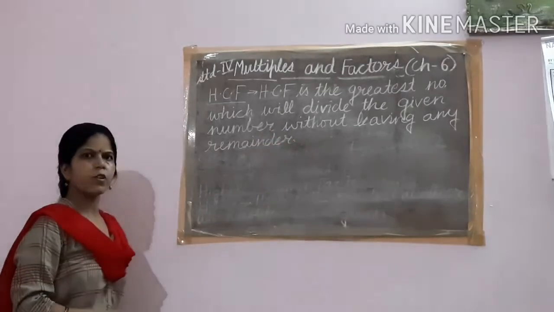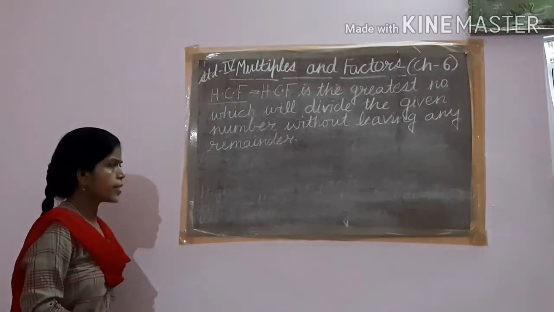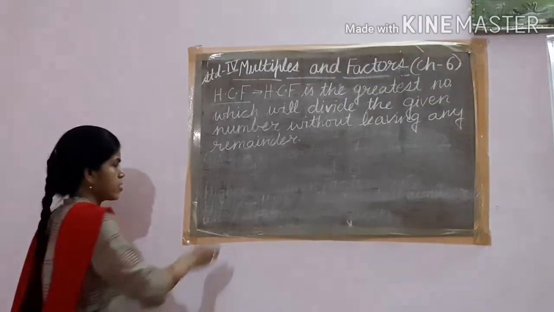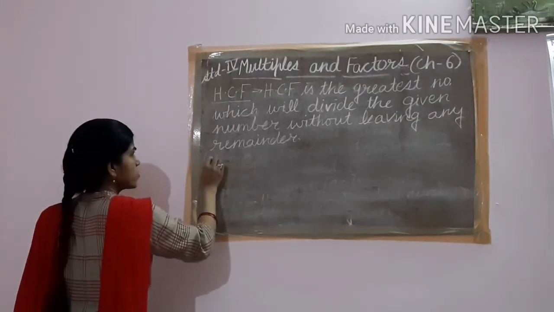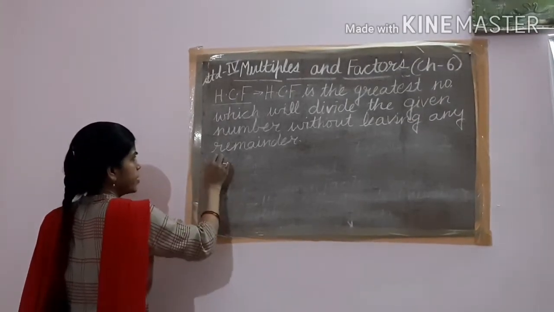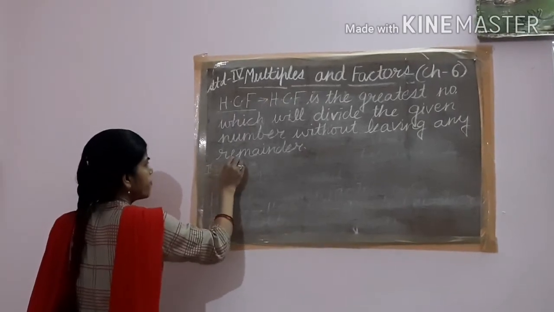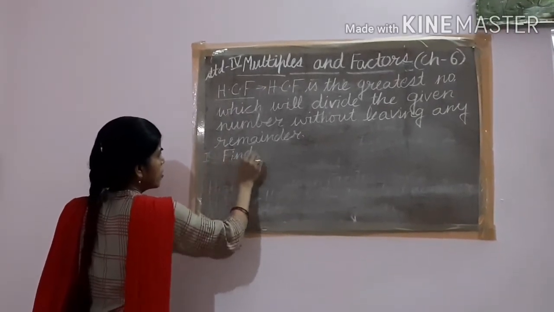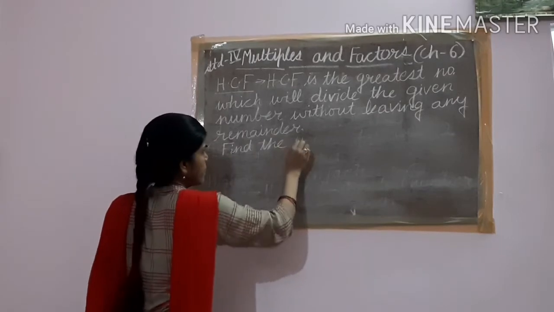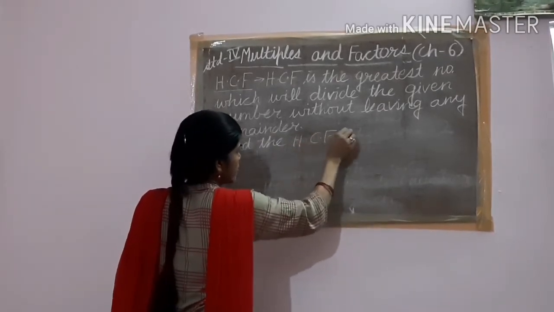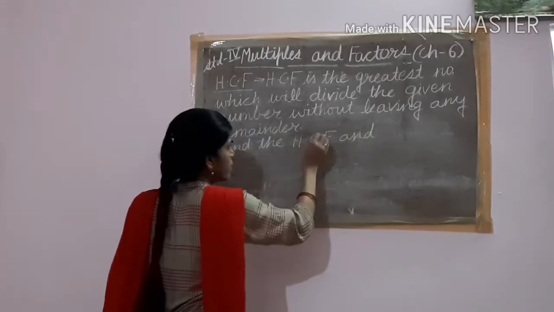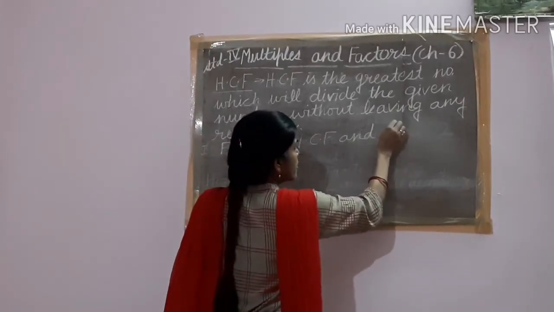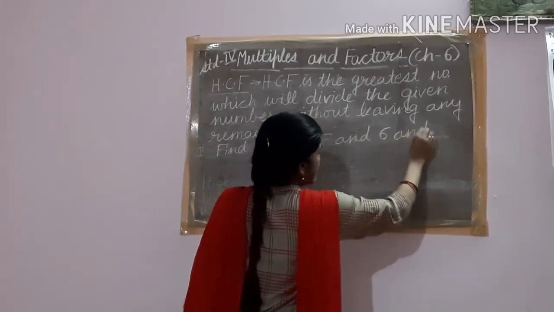Now we will find the HCF of two more numbers. Here, I am going to find the HCF of 6 and 9.